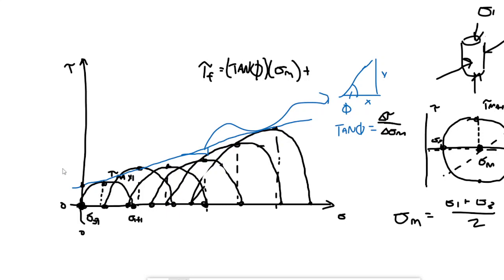The y-intercept here is what we call C, or the cohesion, which doesn't really happen in practice. You're never going to have something. What this is saying is there's zero stress, but there's somehow shear coming through it. So this is just saying really the cohesion is in a completely unstressed environment. How much resistance is there to failure in shear, to sliding along that plane? That's really what it's telling us.